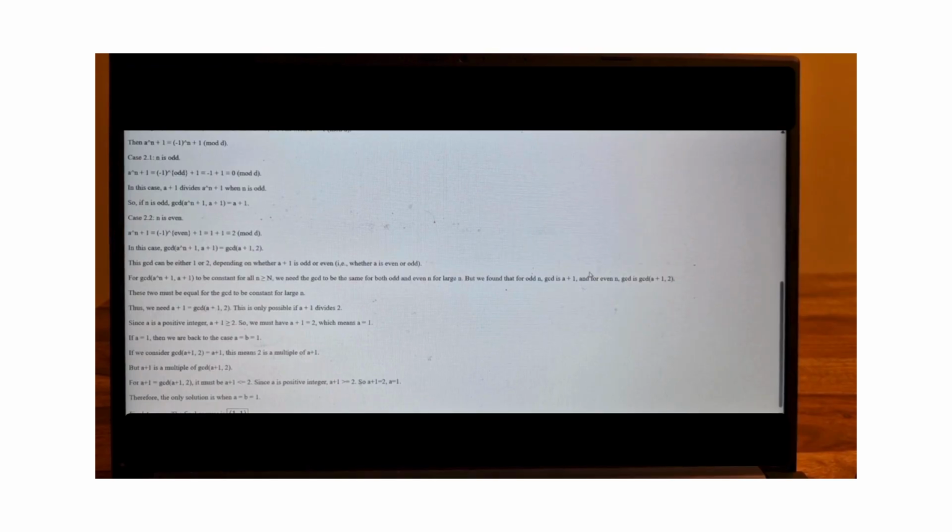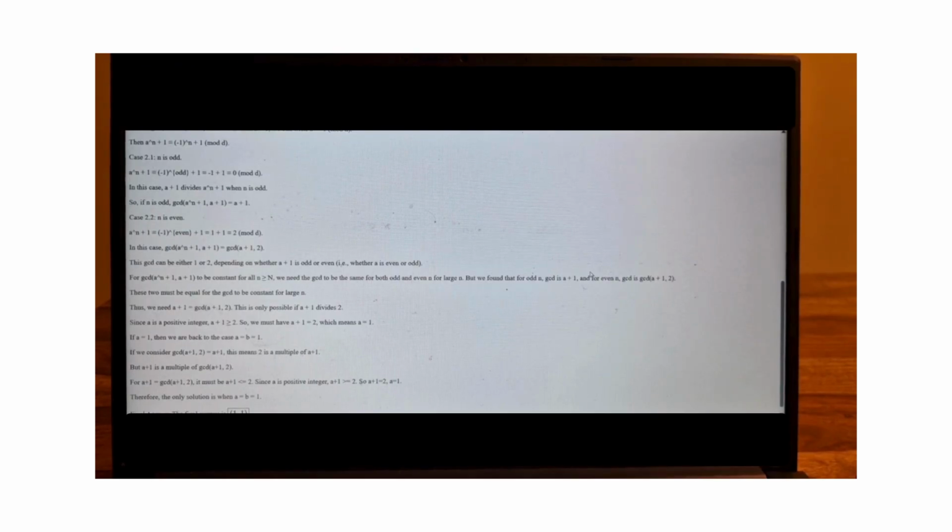For the greatest common divisor of a^n + 1 and a + 1 to be constant for all n greater than or equal to N, we need the greatest common divisor to be the same for both odd and even n for large n. But we found that for odd n, the greatest common divisor is a + 1, and for even n, it is the greatest common divisor of a + 1 and 2.